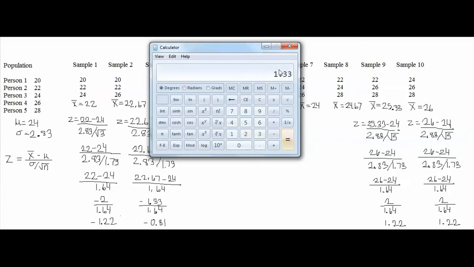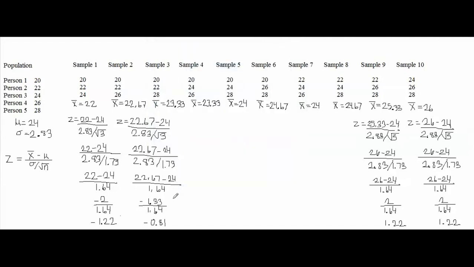We get 1.33. Actually, I have to change all of this first. 25.33 minus 24.